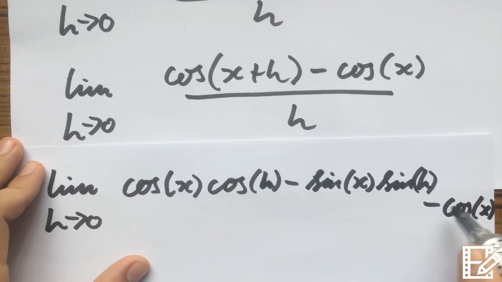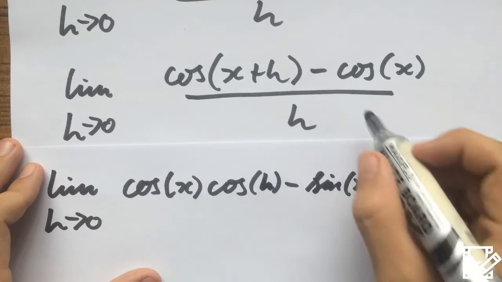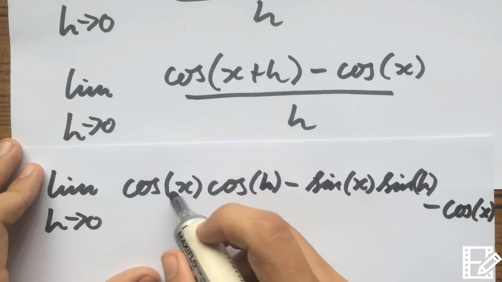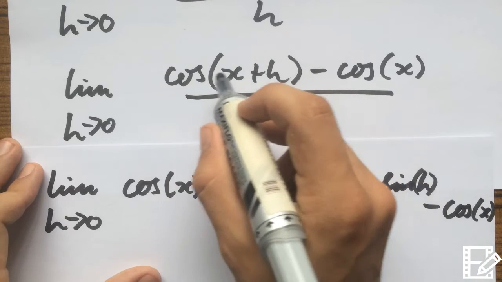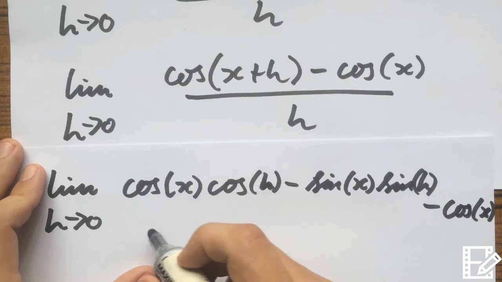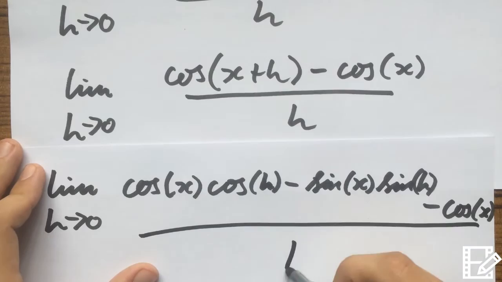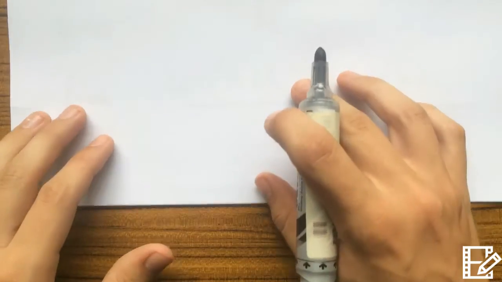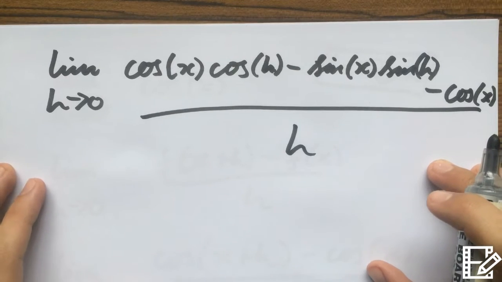I'm only putting the minus cos x down here because I can't fit it on the top, but this big bunch here is the same as that. It's just another way of writing it. You're probably thinking, why would you want to write that? It's extra long, just creating more work, but it's going to help solve this.